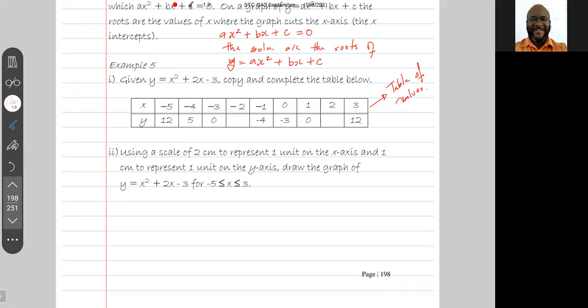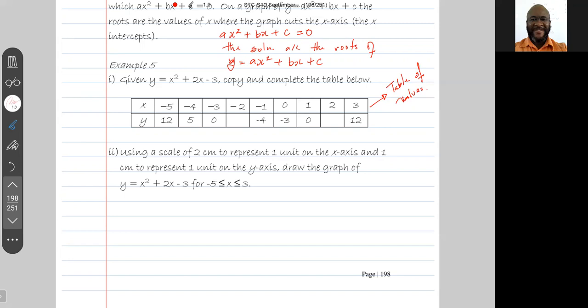Now, your table of values contains corresponding values of x and y. Each pair of values of x and y forms a coordinate. Two of the values of y are missing: the value of y when x is equal to minus 2, and the value of y when x is equal to 2.